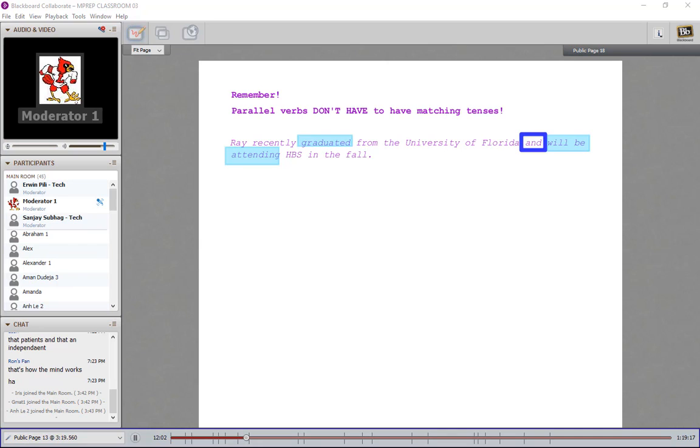Because remember, tenses are a function of context. Grammar-wise, all verb tenses are basically the same, but it's context and common sense that determines what tenses you should have. This is something that happened in the past, and this is something that has not happened yet. So you don't need matching tenses. Don't think that you do.